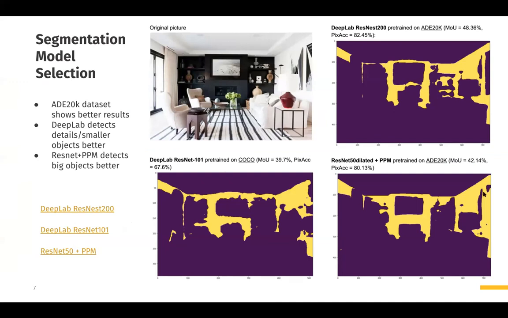This is a popular dataset for image segmentation. So what image segmentation is, basically, is understanding where on the image different objects are located. Where is furniture, where is walls, where is floor. So we finally used a model called DeepLab-ResNet pre-trained on this dataset ADE20K. And as you can see, we have pretty good results.